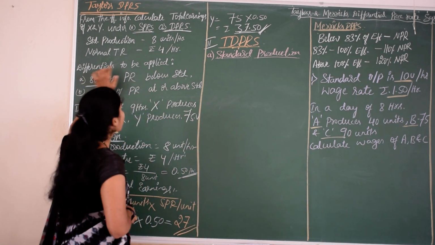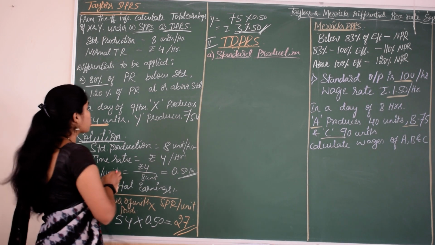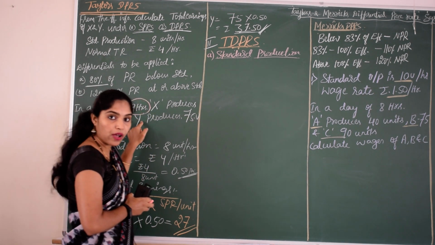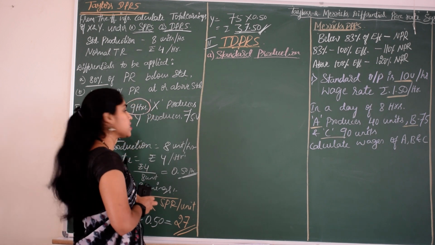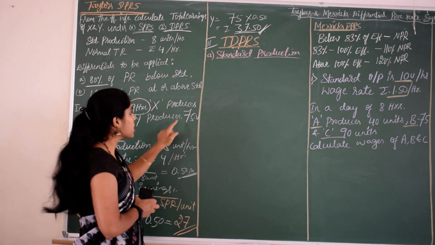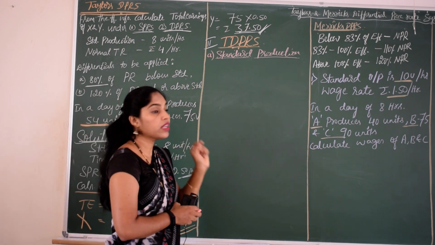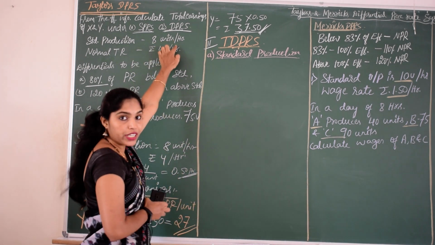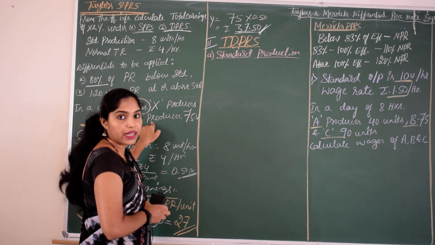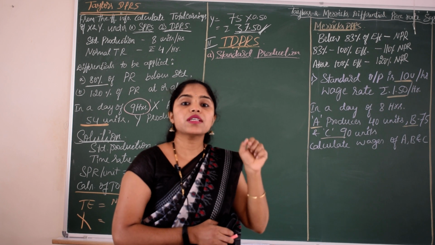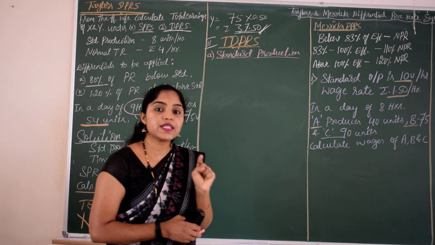They are working for 9 hours. So, you can see here, in a day of 9 hours X produces 54 units, Y produces 75 units. To calculate the standard production we need to take 8 units per hour into 9 hours.